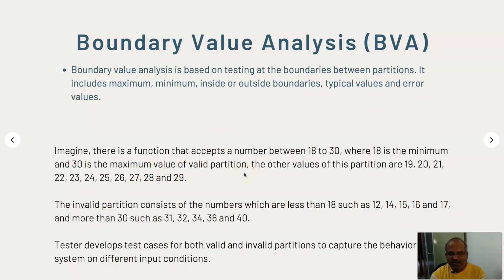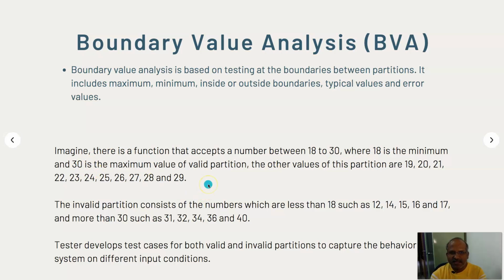The accepted values are 18 to 30, so all these values like 19, 20, 21, 22 to 29 are valid values. That is a valid partition. The minimum value of this partition is 18, and the maximum value is 30, so you'll have 2 test cases for that.